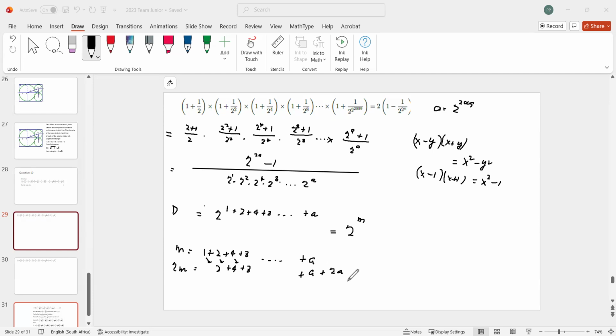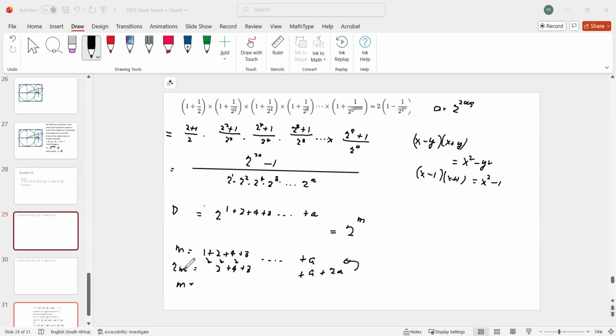Right? Okay, so everything is being multiplied by 2. Now, to simplify what m is, all I have to do is to subtract these two. 2m minus m is m. I'm going to subtract this way. The bottom line minus the top line.